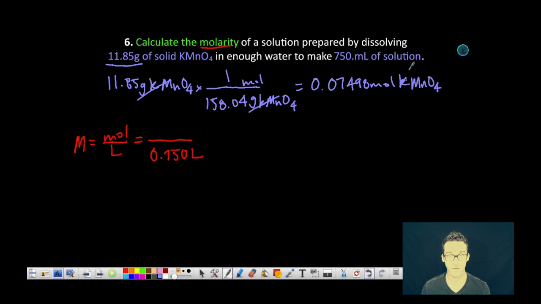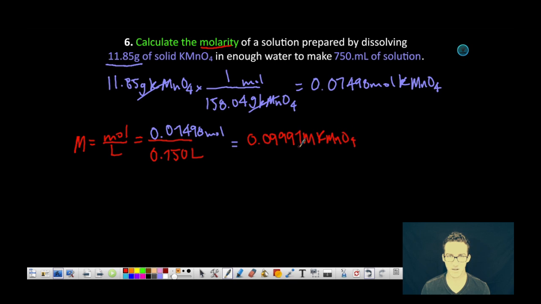Now, this is not our final answer. We need to take this number and bring it down here to our molarity calculation, 0.07498 moles. And when we solve for molarity, we end up with 0.09997 molar KMnO4.